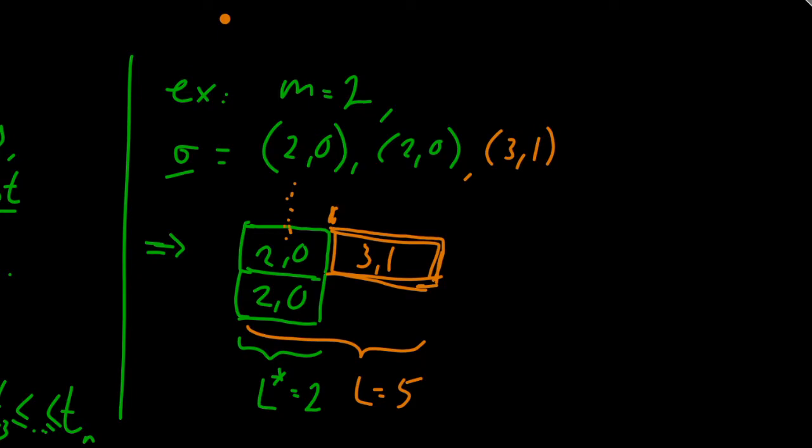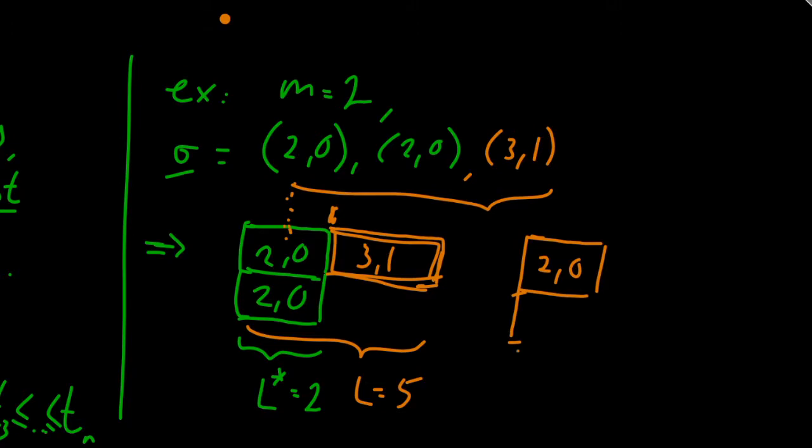Now for this particular input, it would be a better option to just wait. So okay, I'm scheduling the first 2, but not the second one, and I'm just waiting for some amount of time. And of course a deterministic algorithm can do that.